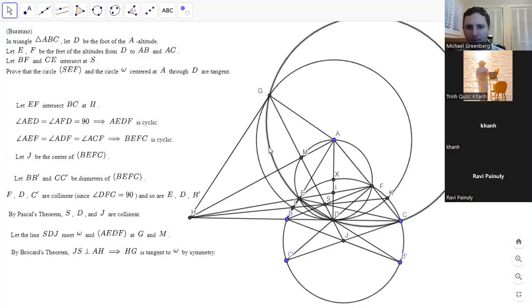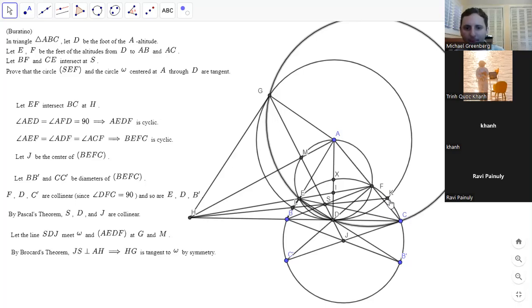We have SG times SD is SL times SK, and then it is equal to SB times SF, which is SE.